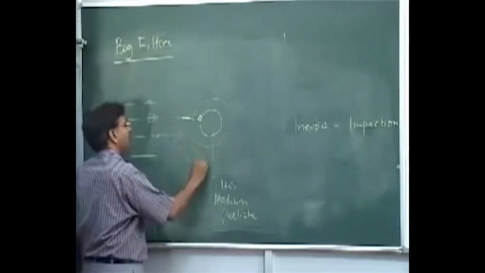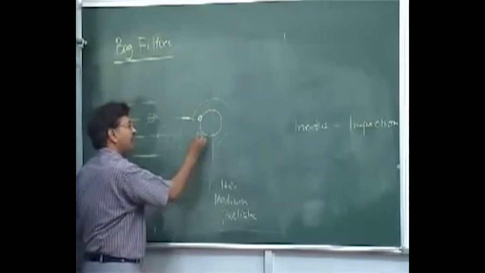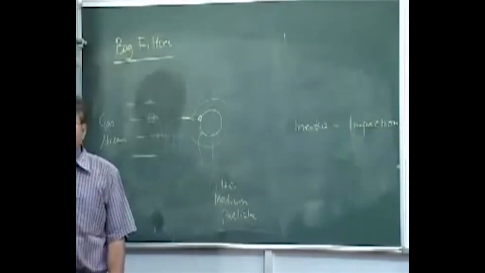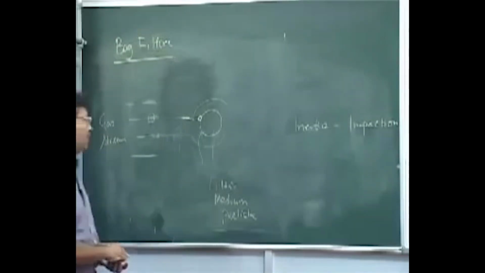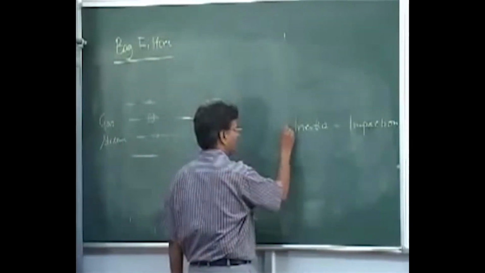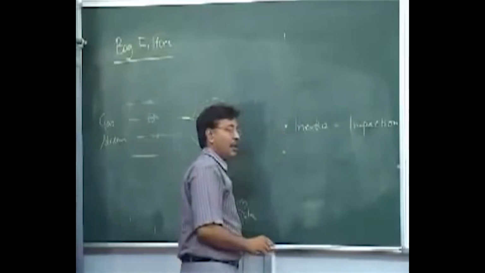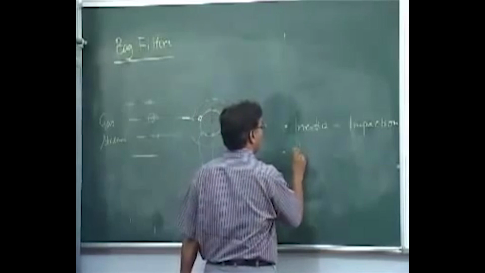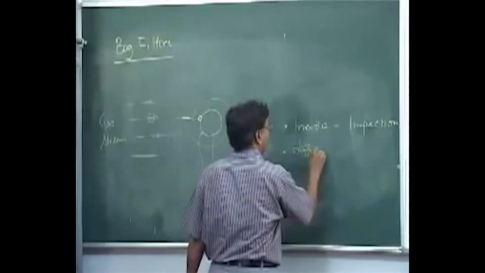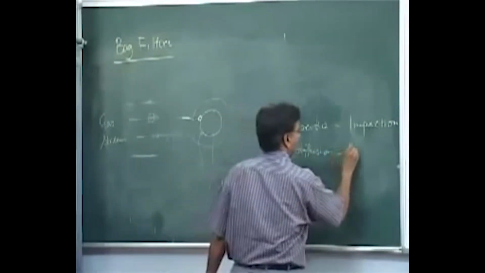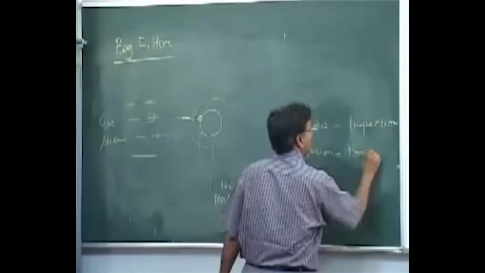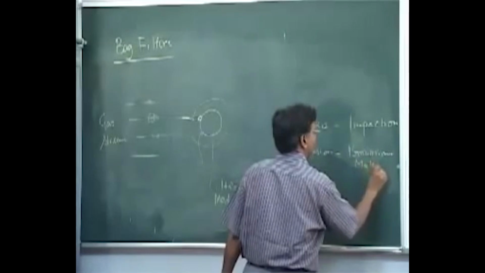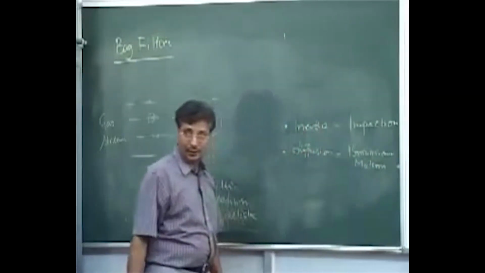So they can go like this. There is a possibility that the small particle can get stuck. So the second mechanism is removal by diffusion or Brownian motion, for very small particles. Okay.